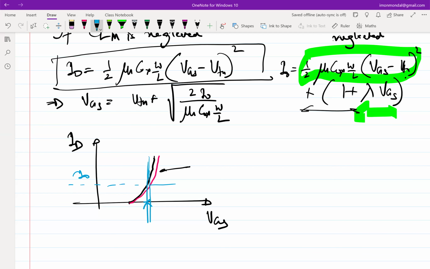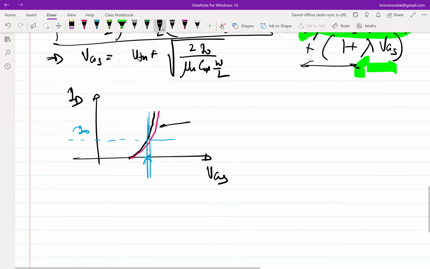So essentially, a compressive kind of graph gives you that freedom to make the approximation, but an expanding graph doesn't give you the freedom to make the approximation. That's why you will see that while calculating VGS of all these configurations, we tend to neglect the effect of channel modulation. But while trying to figure out what I is, we generally don't neglect. So this is what also we will follow in this course.